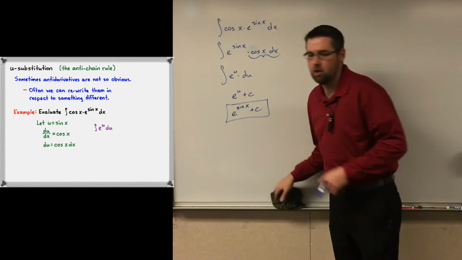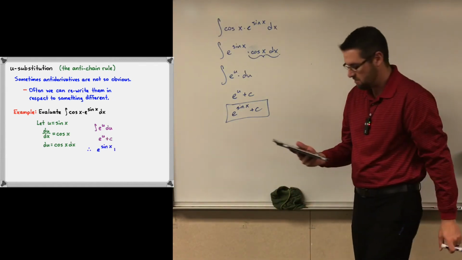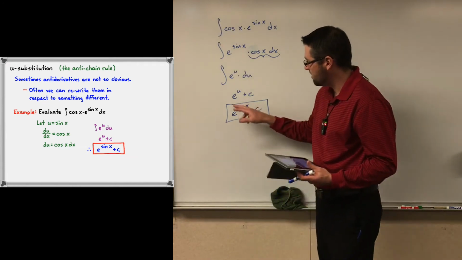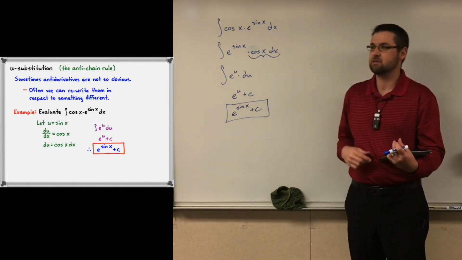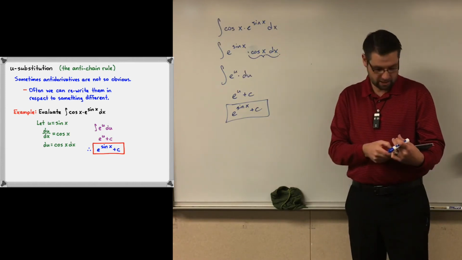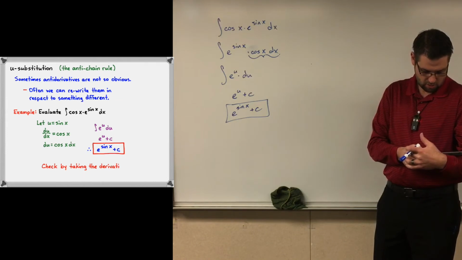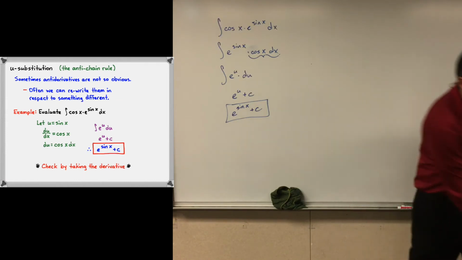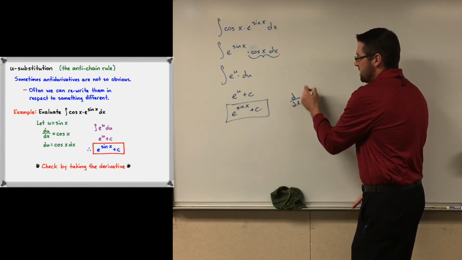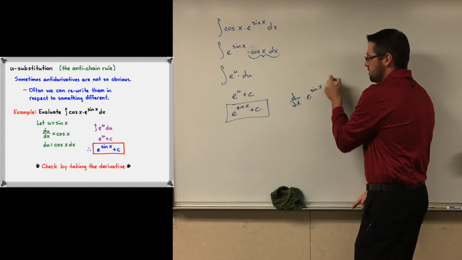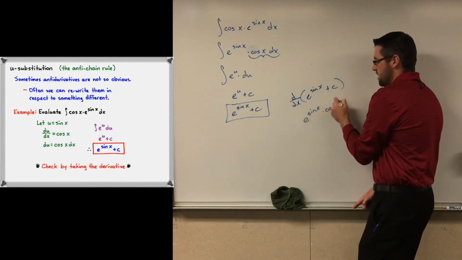What should I be doing all along the way to make sure I'm right with this? Take the derivative. Let's do that. What is the derivative of e to the sine of x? E to the sine of x times cosine of x because of the chain rule, right? So taking the derivative d dx of e to the sine of x plus c would be e to the sine of x times cosine of x.